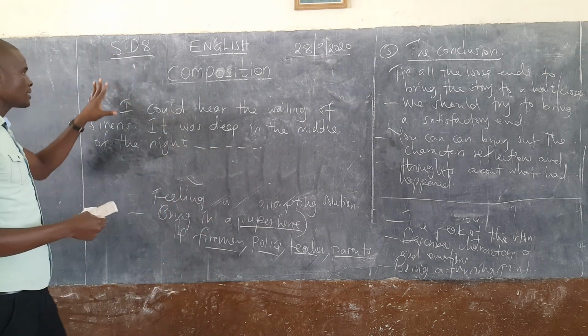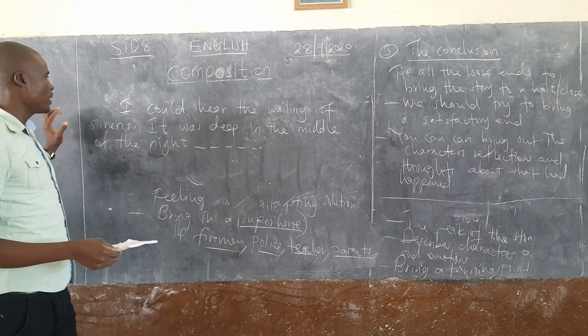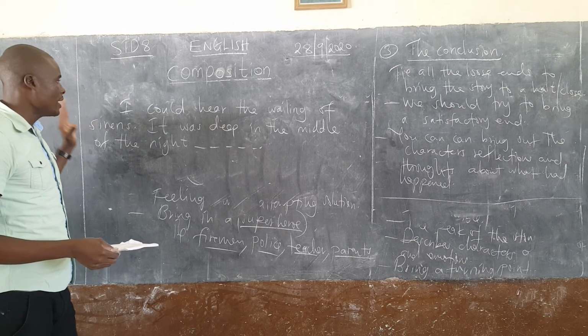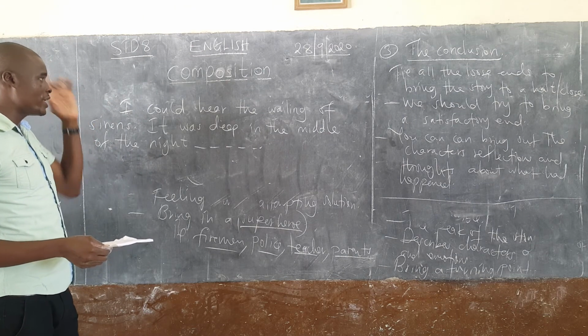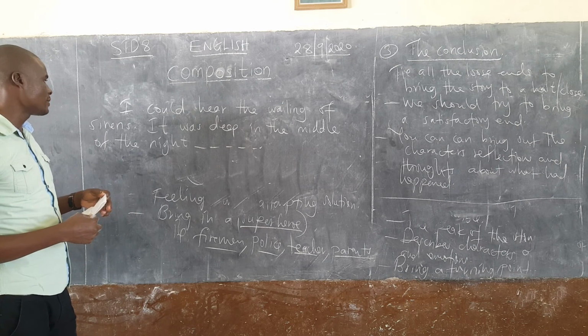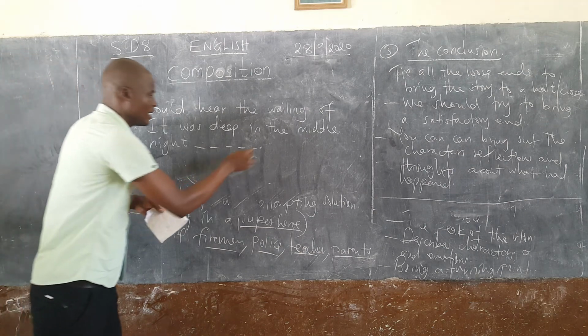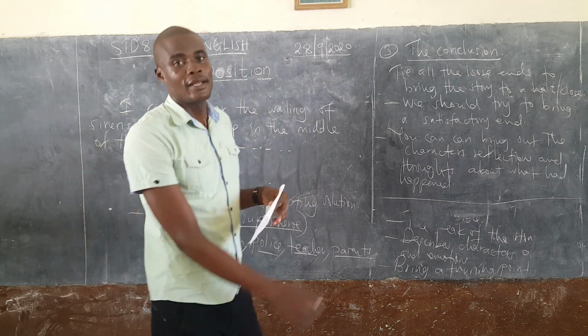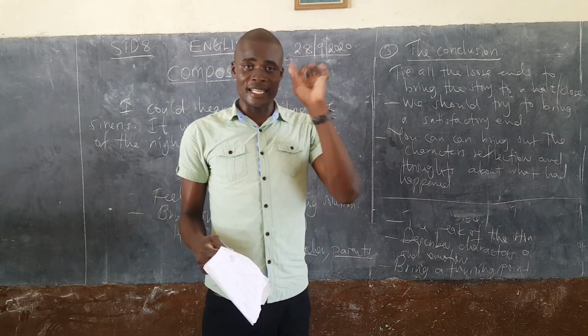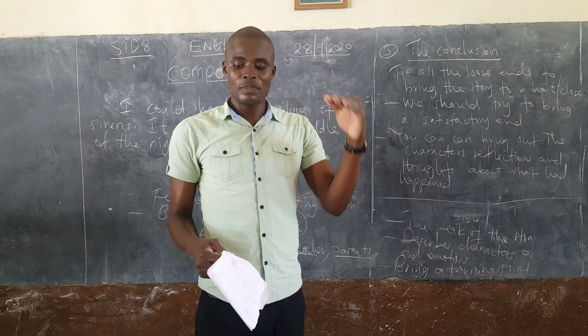Read this rubric well. I could hear the wailing of sirens. It was deep in the middle of the night. Learner, this one can be anything. Look at it and get the setting. Where was this taking place?